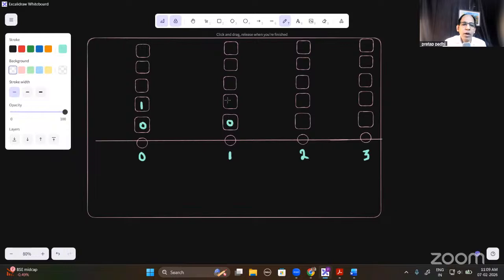Suppose this is 5, here also a 5, and next time it will go to 10, then it will go to 15. This is lambda. So what is the waiting time here? We'll go to that and compare it with a Markov process as well.